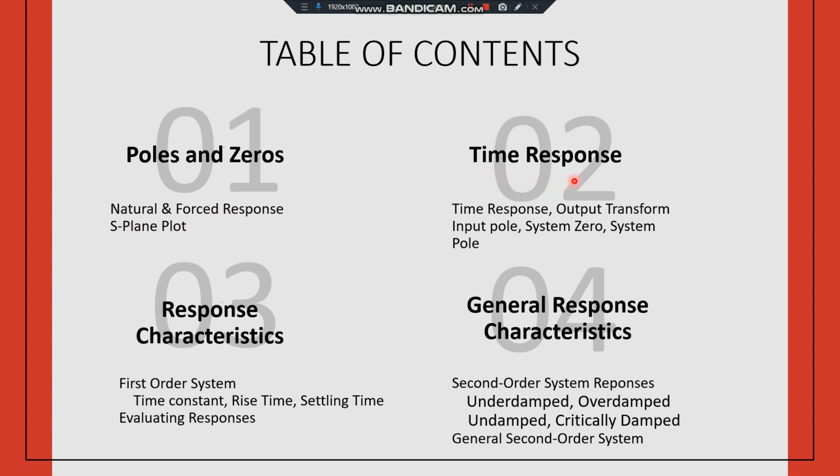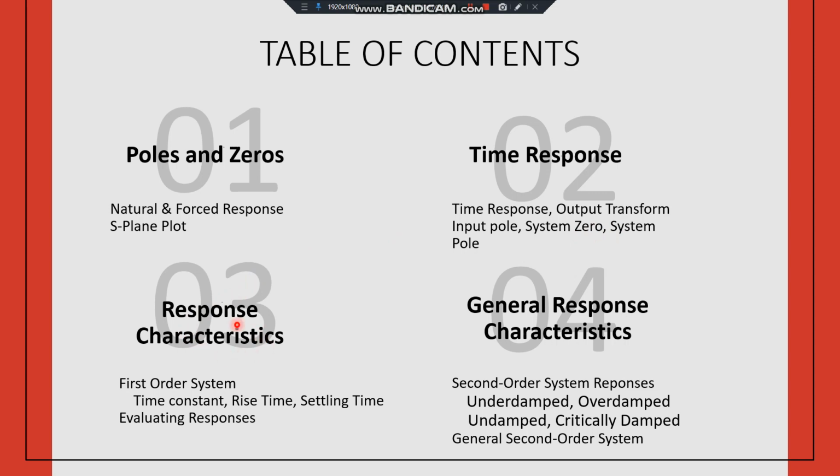Our second topic is time response. We are going to solve the time response equation, the output transform equation. We already know this: the input pole, the system zero, and the system pole.